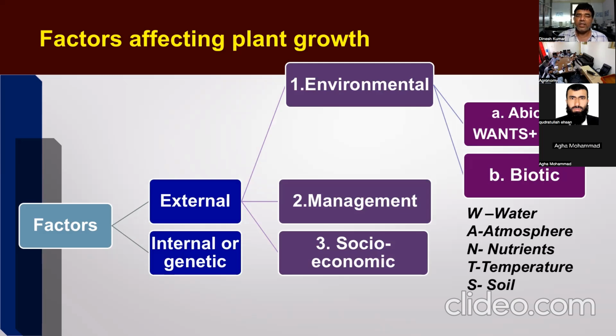Then socio-economic factors, like the economic status of the farmer, whether the farmer is rich or poor. A rich farmer's crop can have better growth than a poor farmer who does not have money to buy resources or inputs.